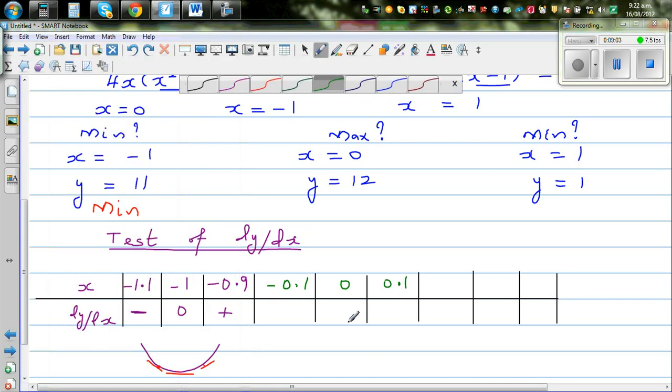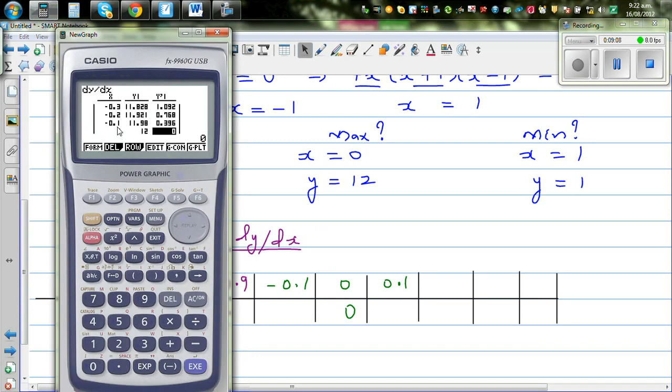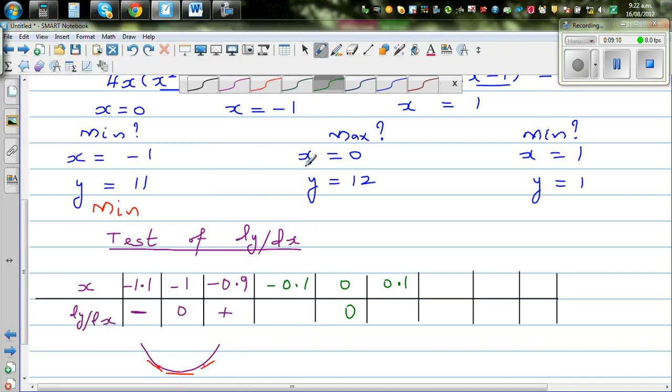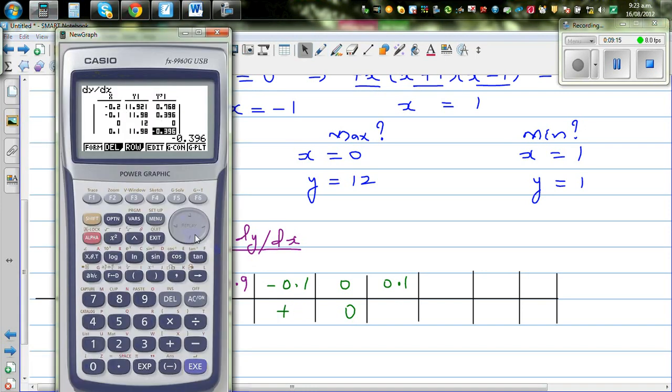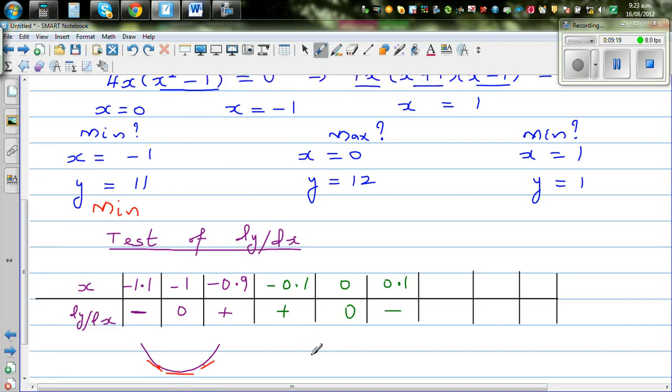To the left of 0, which is -0.1, your gradient is positive. And to the right, which is 0.1, it is negative. So from a positive gradient, to 0, to a negative gradient. At this point, your gradient is 0, with a positive gradient to the left and a negative gradient to the right. So this point is a maximum.